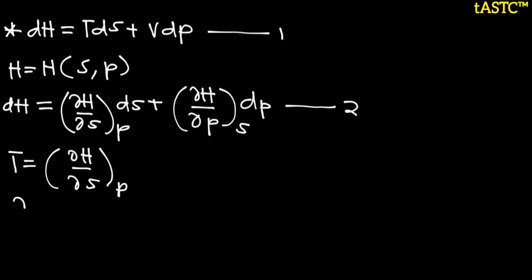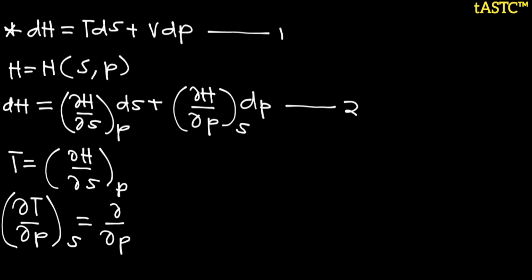So that will be partial T partial P at constant S, and that would work this side also, partial P. So I'm going to write it this way, and we're going to have the stuff which will be differentiated.